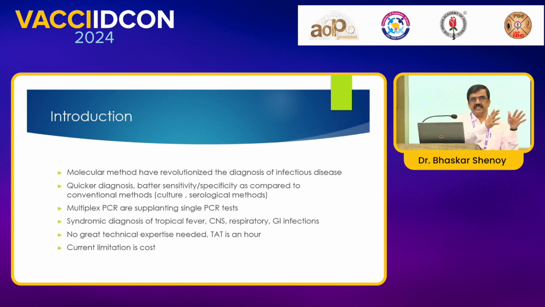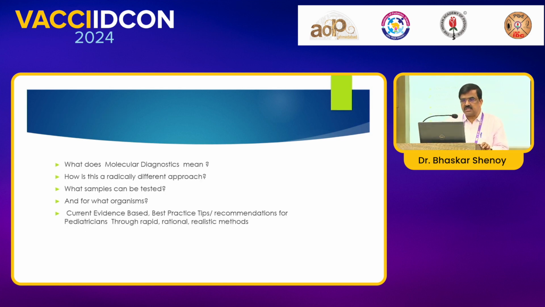Initially it came as a single test, a single PCR. Now they have come with the multiplex, wherein in one go you can look at many of the organisms. You can do what is called a syndromic diagnosis. Not much technical expertise is needed, but the cost is a limiting factor as of now. As we keep doing, probably the cost may come down.